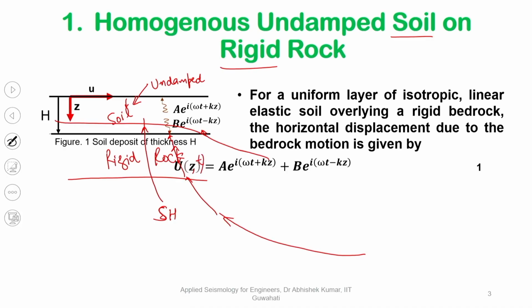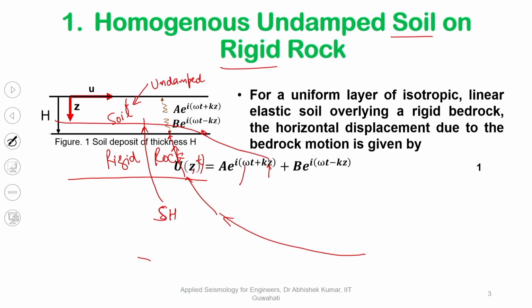u, the displacement value, which is a function of space as well as time, is defined as A and B, the coefficients, times exponential iota (omega t plus k z). So, remember z is the thickness of the medium, k is the wave number, that means how many cycles in unit length are going to get completed, and that is defined by the wave number k.